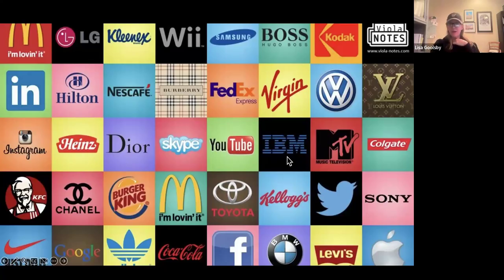I've done YouTube, IBM products, MTV, Colgate from time to time, Toyota definitely, Kellogg's definitely, Twitter, yes, Sony. At the bottom, I've done Nike, Google, Adidas products, Coca-Cola, BMW, Levi's. I've done all the products on the bottom row.